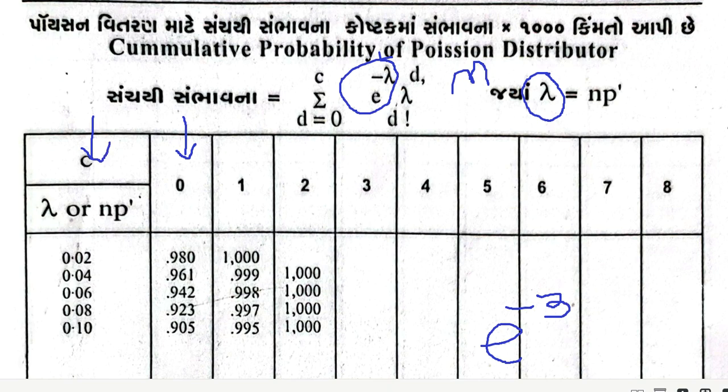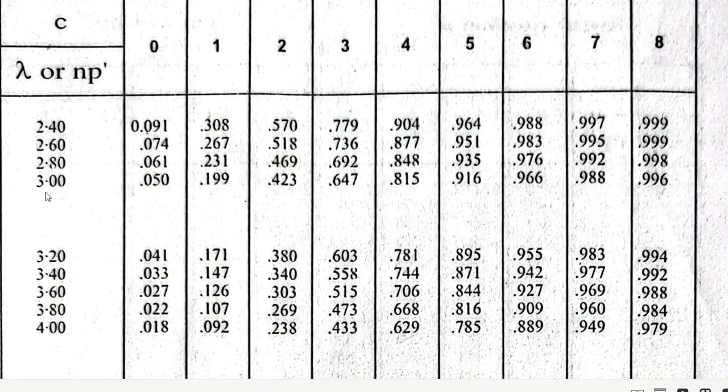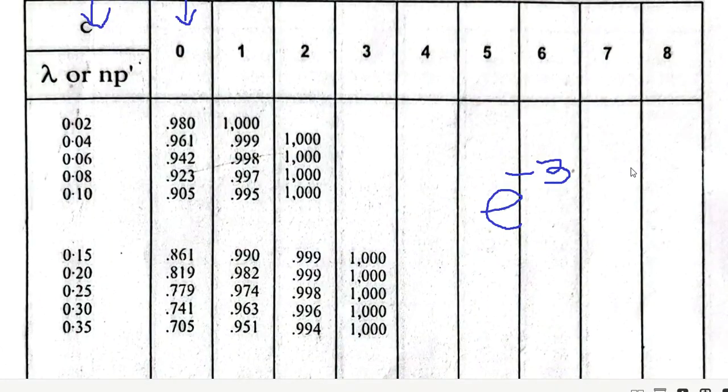So we will use only the first and second columns. Now find 3 in the first column. See, here this value is 3. And for the second column, this value is 0.050. So the value of e raised to minus 3 is 0.050.